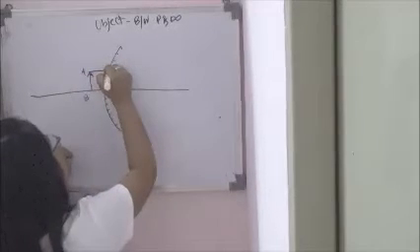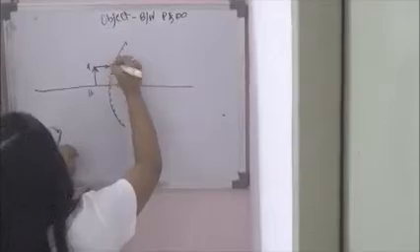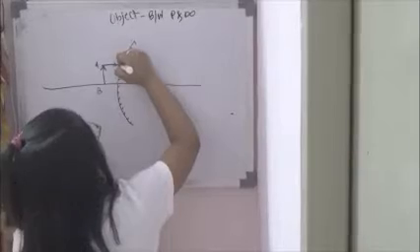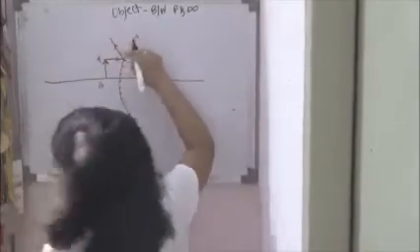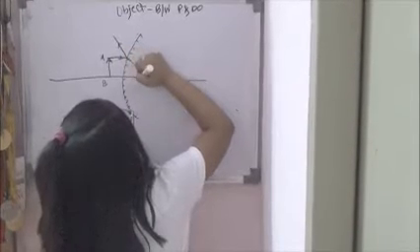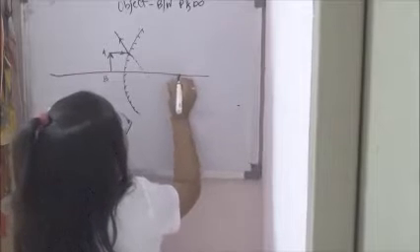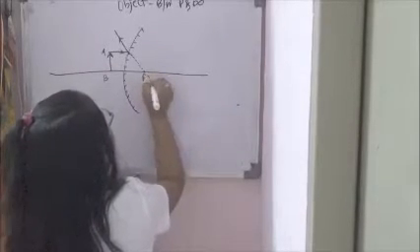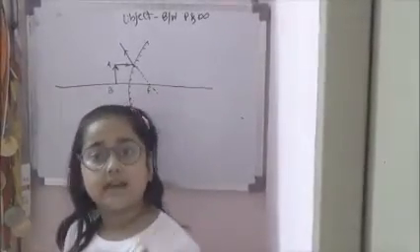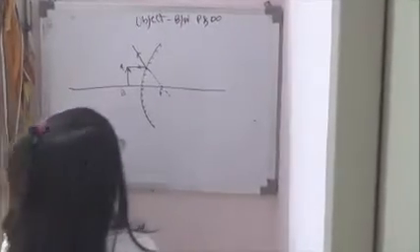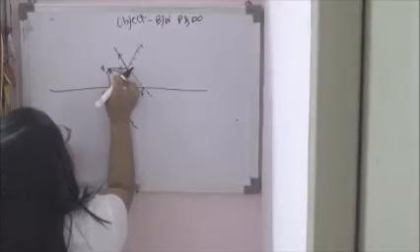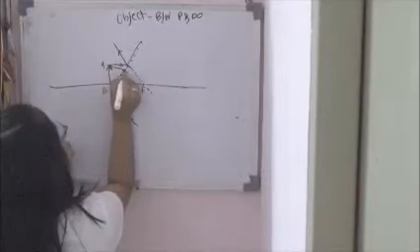If this is the incident ray coming from the object, now this is the reflected ray, and here this is the principal focus. Our next ray goes towards the center of curvature, this is the ray going to the center of curvature.